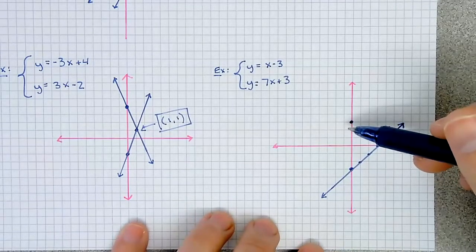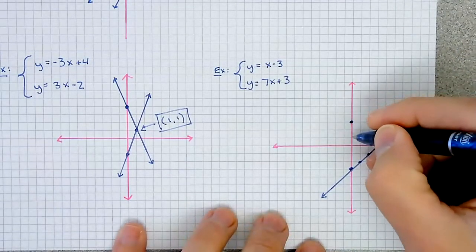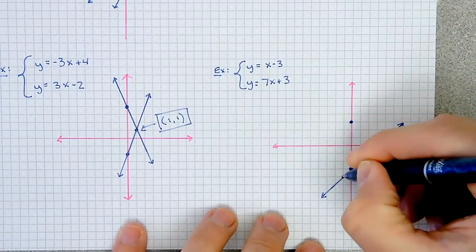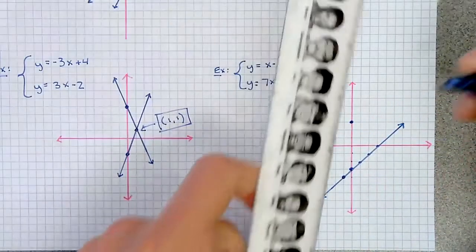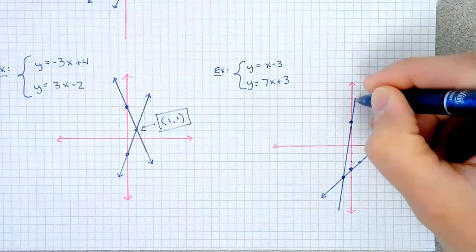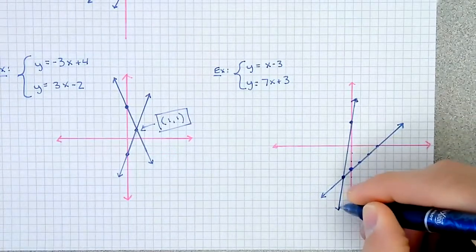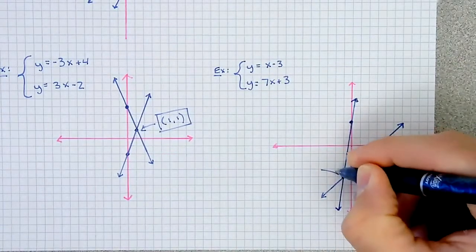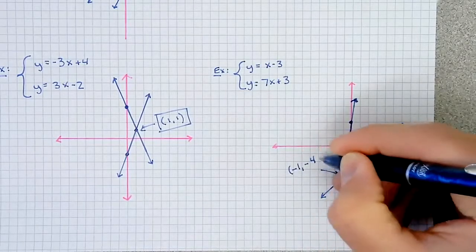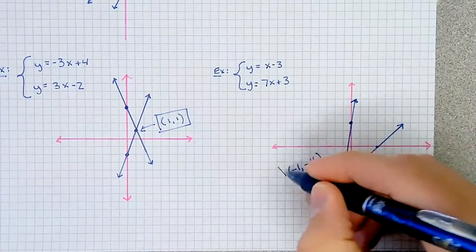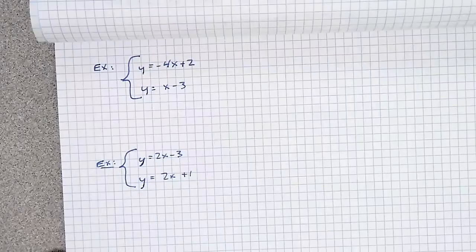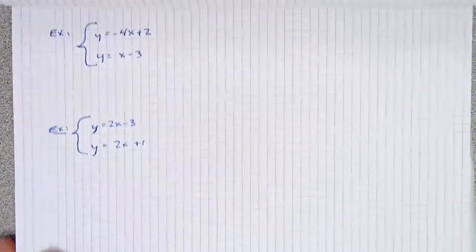Second one, y-intercept of 3, slope of 7. All right, looking for the point of intersection. In this case, -1, -4. Have you guys try these two on your own?